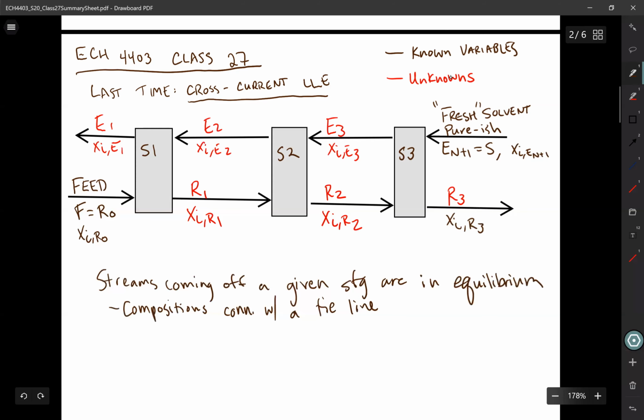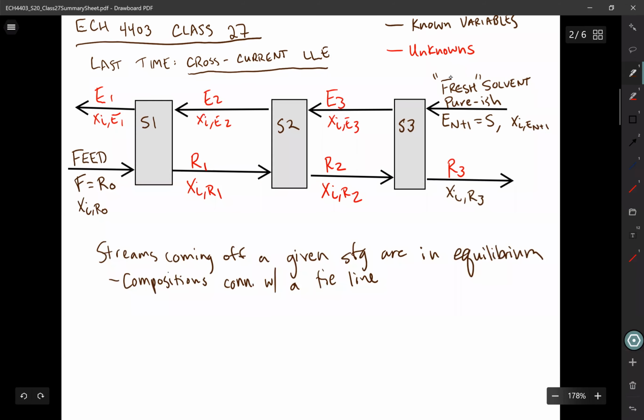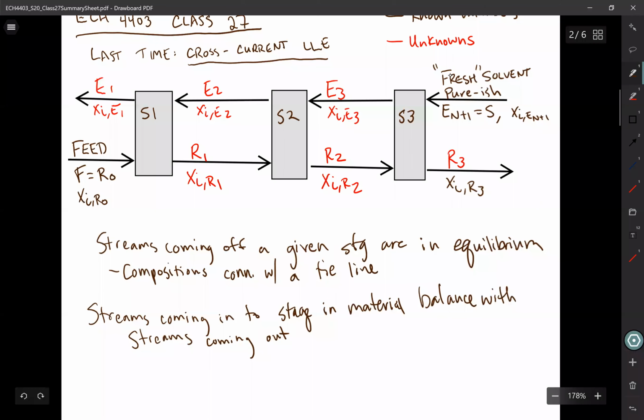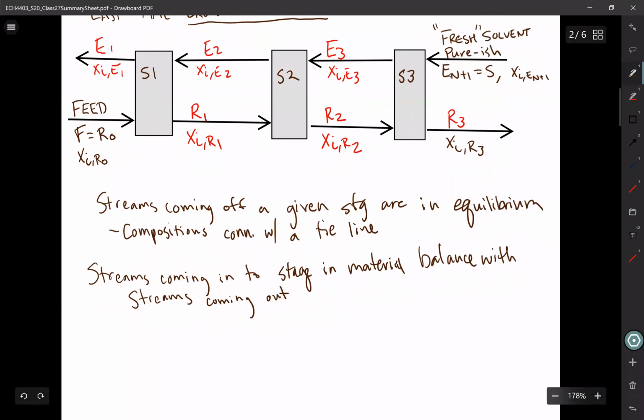Then the other important relationship is that any streams coming into a particular stage must be balanced by streams coming off of that particular stage. So again, these are the same two key relationships that we've seen for every separations process. Anything coming off a stage is in equilibrium. Everything coming in is in material balance with everything coming out.